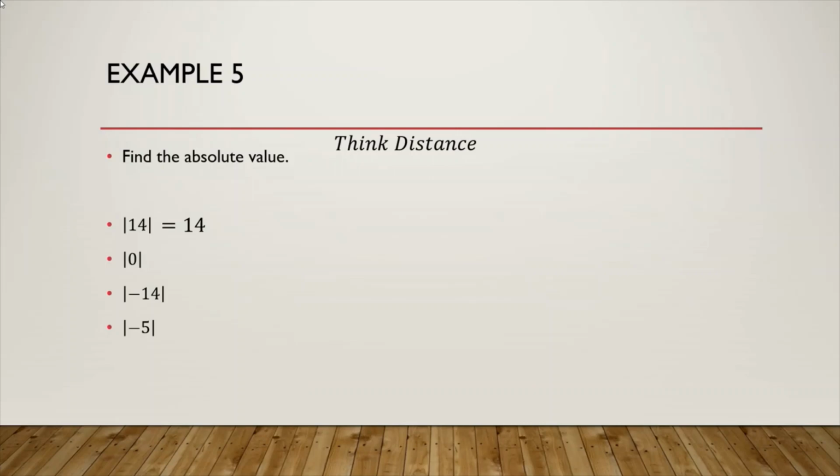So the absolute value of 0 is 0 because you haven't gone anywhere. Now the absolute value of negative 14, you're still 14 units away, so it would be a positive 14. Negative 5 is 5 units away, so that would be 5.